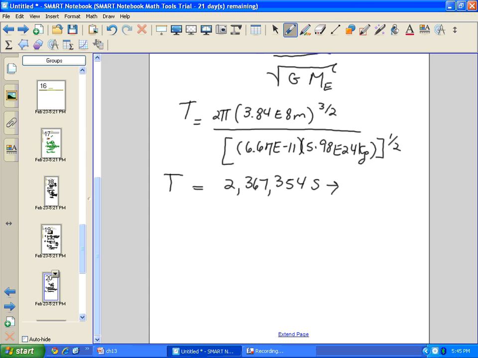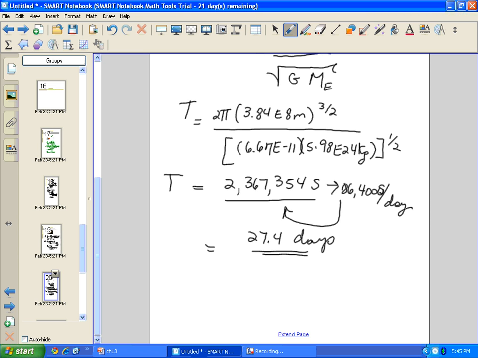Well, let's go ahead and convert using the fact that there are 86,400 seconds in a day. If we divide this number by the number of seconds in a day, we get 27.4 days.